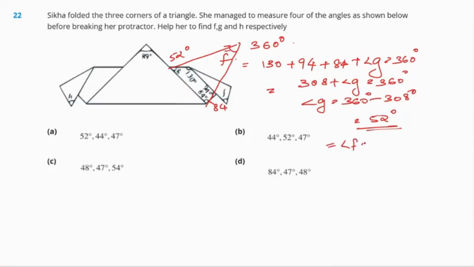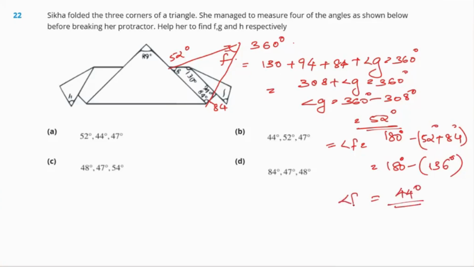So angle F is equal to 180 degree minus 52 plus 84 degree, which is 180 minus 136, which is equal to 44 degree. So angle F is 44 degree. Angle G we get 52 degree.